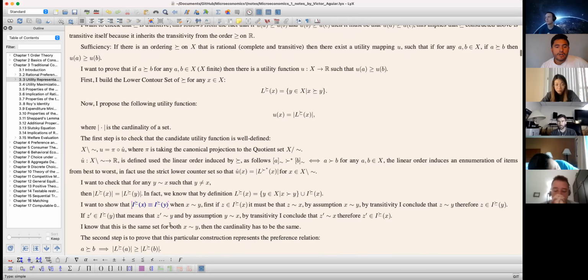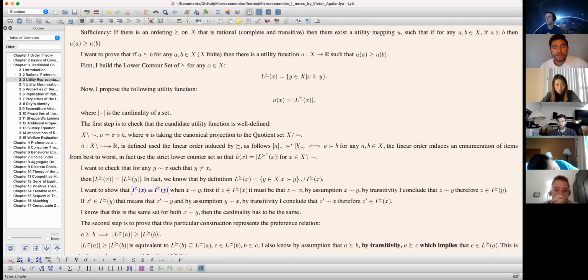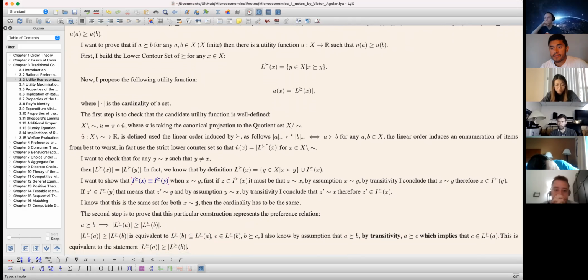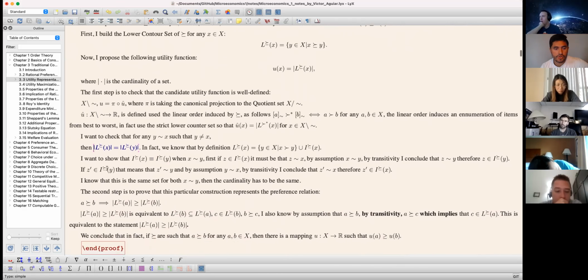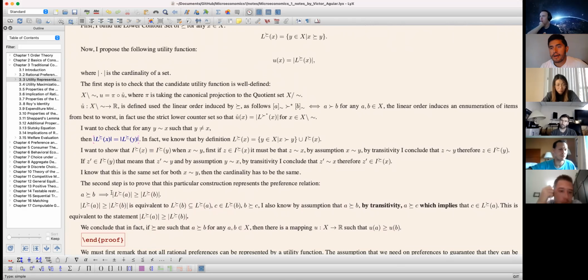Okay. So now basically what I show is that whenever you have two things that are indifferent, the utility function created using that thing is going to be the same, right? By construction. So now the final thing I have to show is that if I have A preferred to B, it has to be that the cardinality of the lower contour set of A is greater than or equal to the cardinality of the lower contour set of B. I'm going to use again my properties.